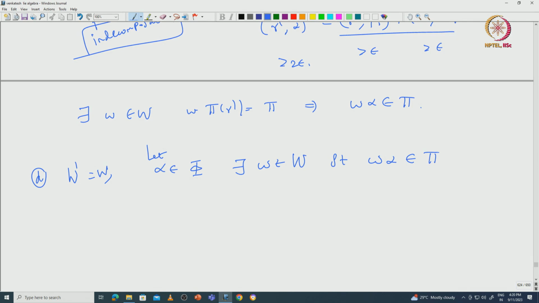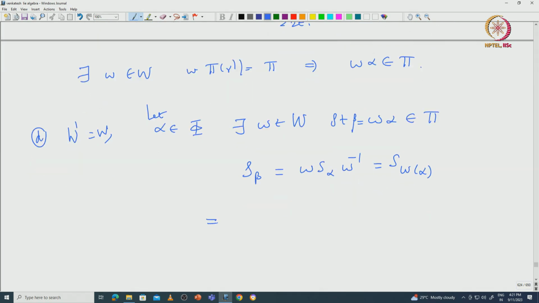Let us call this beta. Then S beta is exactly equal to W S alpha W inverse, because W S alpha W inverse is given by W of S of W of alpha. So, this proves that W inverse S beta W is exactly S alpha.